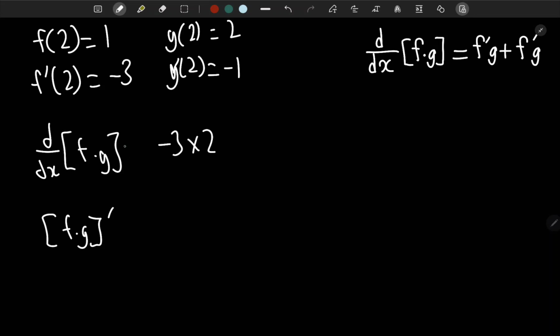And I forgot to add that they also give you the values, so it's going to be f of 2 times g of 2, and same thing over here. Okay, so continuing on the formula, now it's f g prime. So f is going to be 1 multiplied by g prime of 2, which is negative 1, and to simplify this, the answer is going to be negative 6 minus 1, and the final answer would be negative 7.